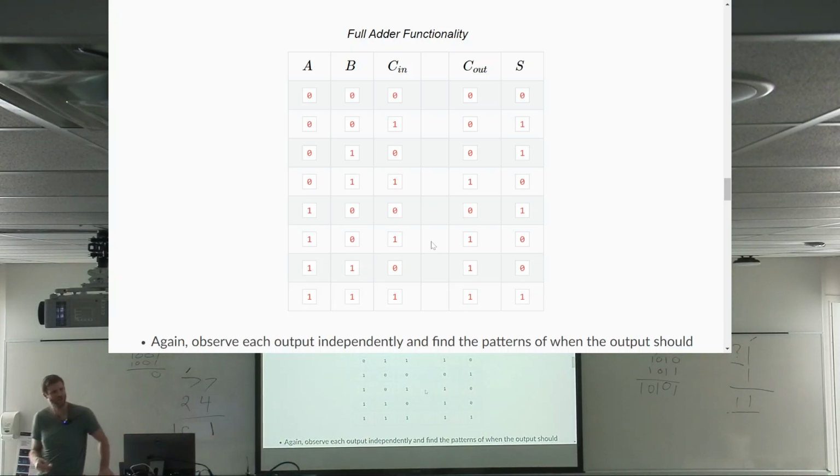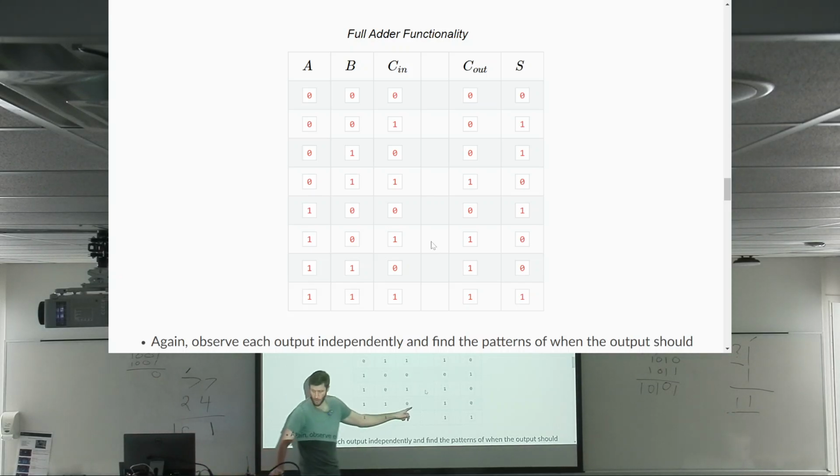I'm seeing scrunched faces. Should it not be, for 1, 1, 0, a 1 in S and a 0 in carry? Well, what is 1 plus 1 plus 0? 2. So 0, 1, the carry bit's high.